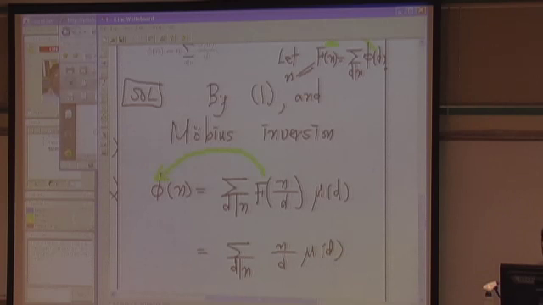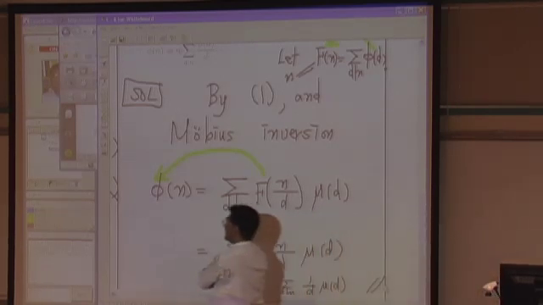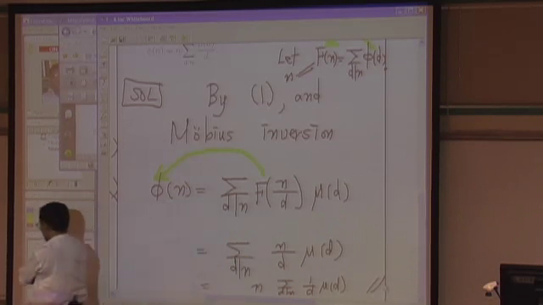So we can take out n, then n is out, and then d is here. And done, right? So it is the combination of the previous statement and the Mobius inversion formula.